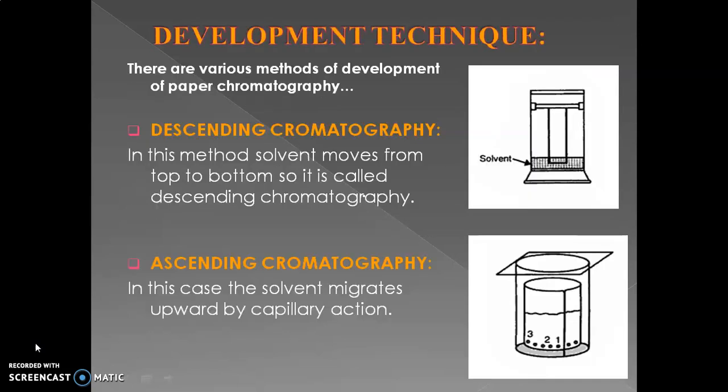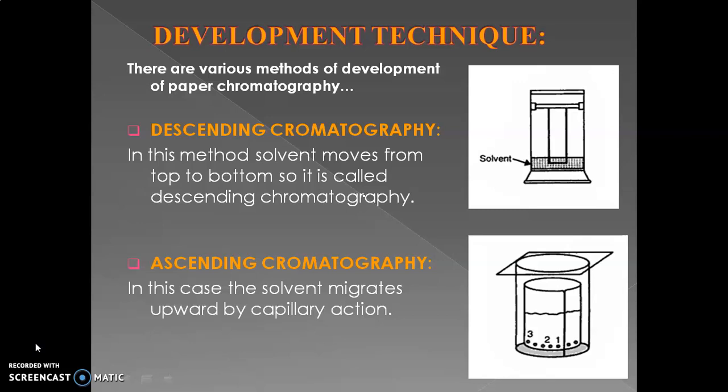Which are the various development techniques for paper chromatography? There are various methods for development. First is the descending technique. In this method, the solvent moves from top to bottom, so it is called the descending technique.